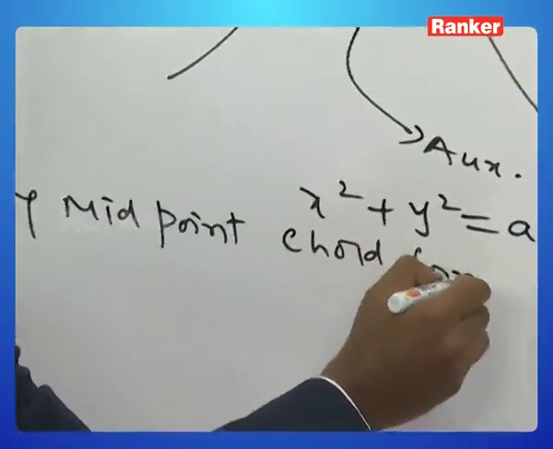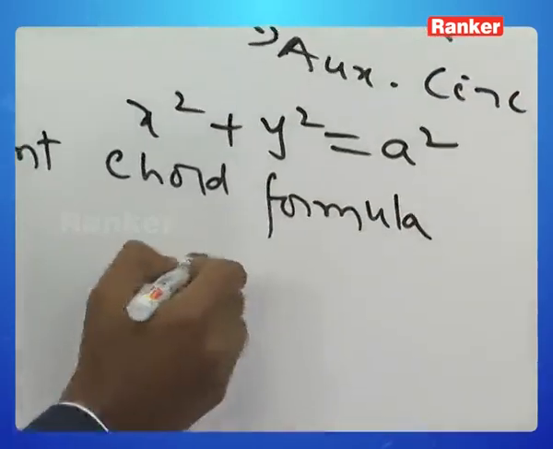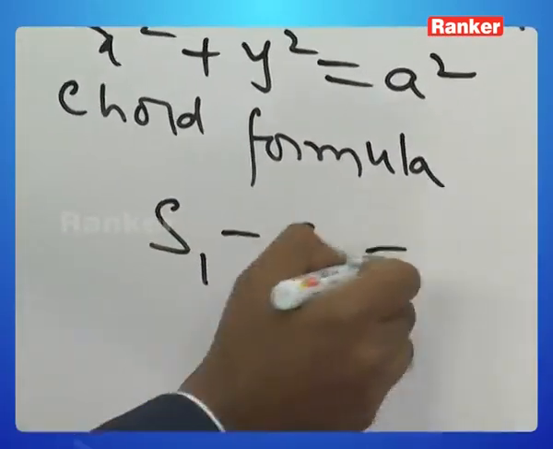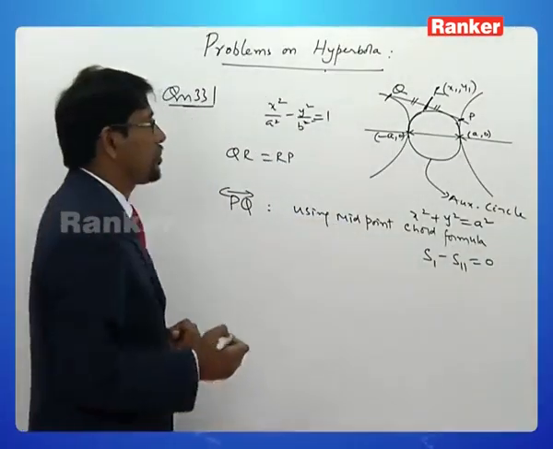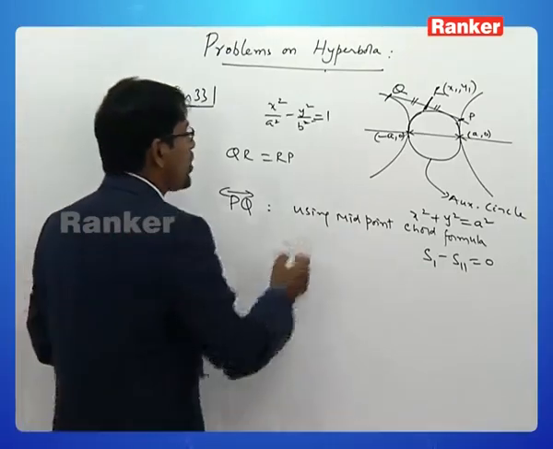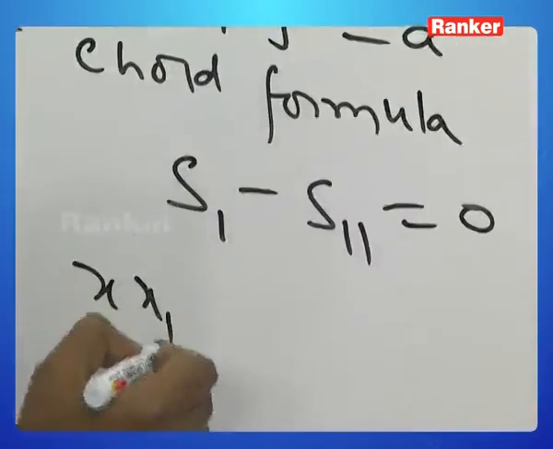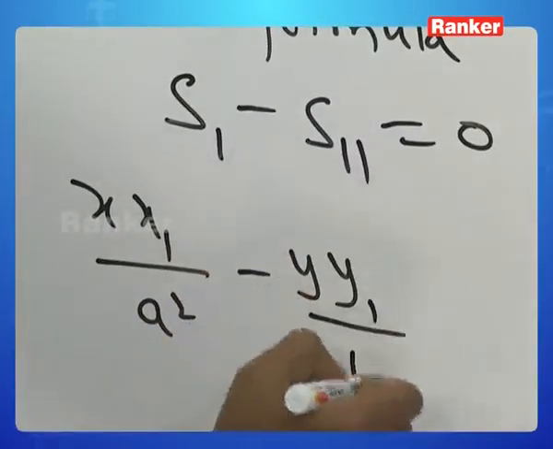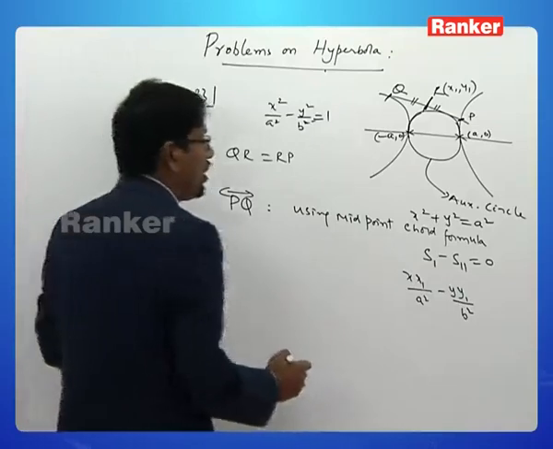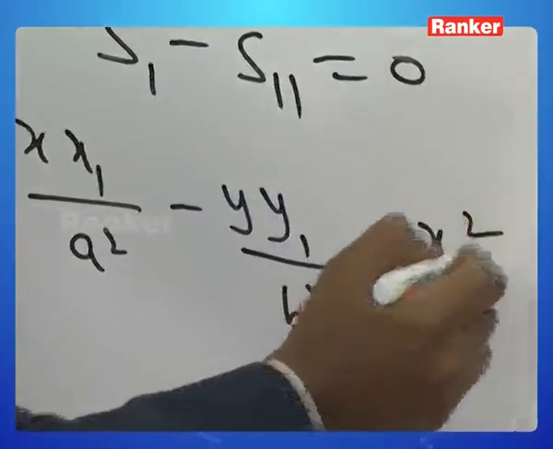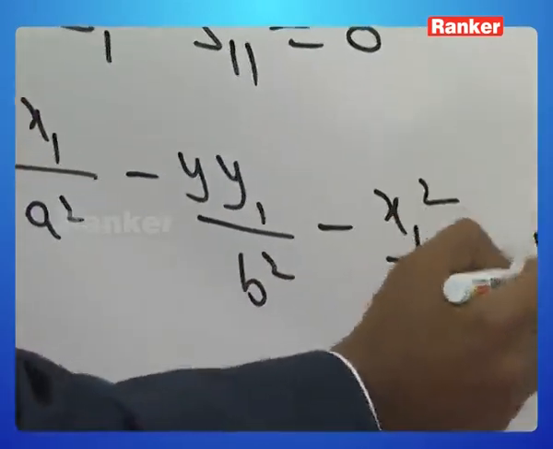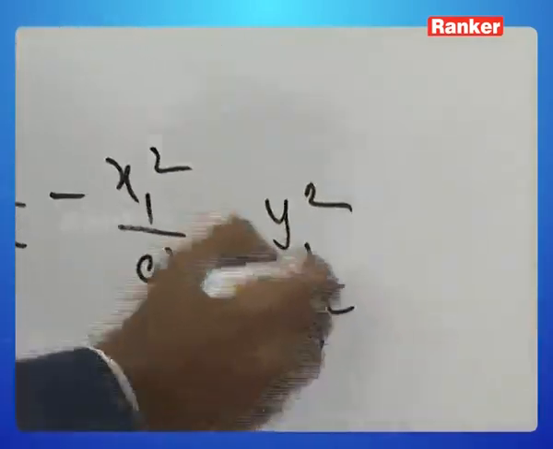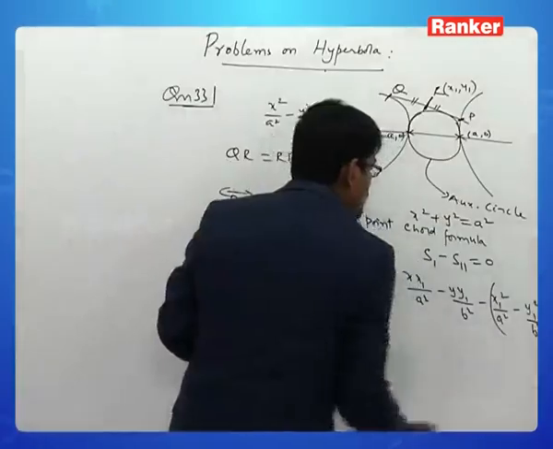What is the midpoint chord formula? That is S1 minus S11 is equal to 0. So what is S1? That is xx1 by a square minus yy1 by b square minus of x1 square by a square minus y1 square by b square is equal to 0.